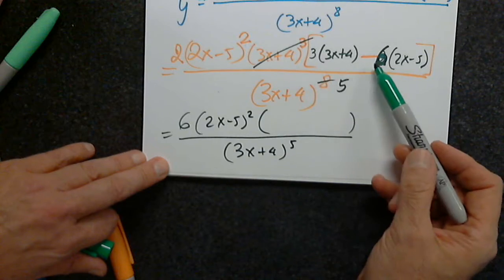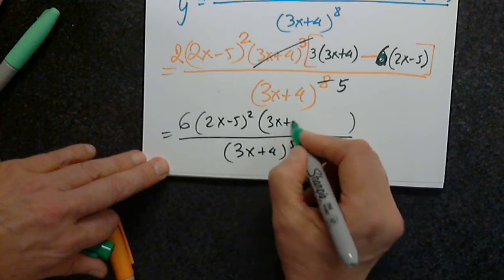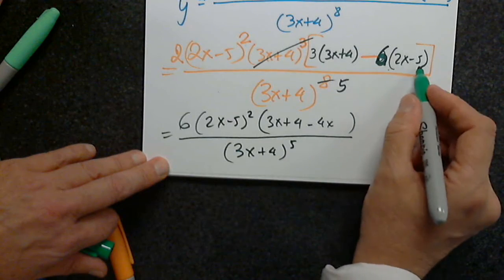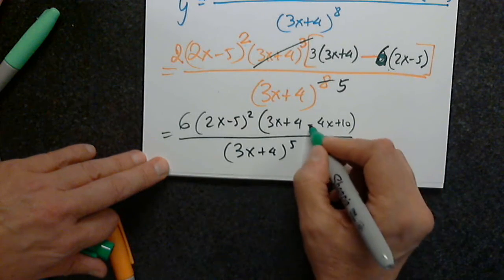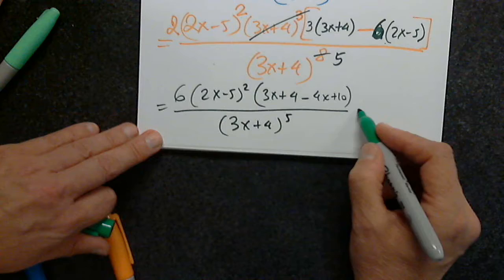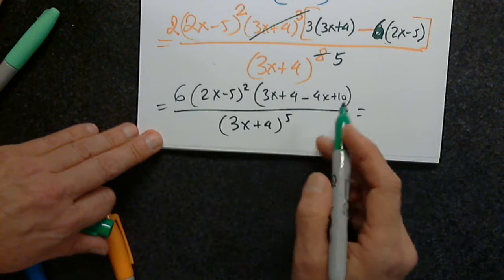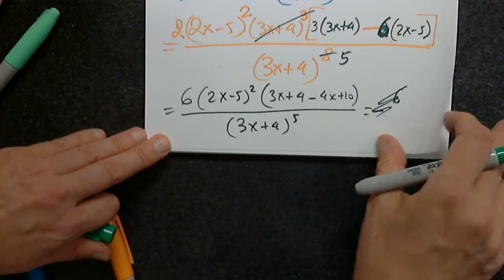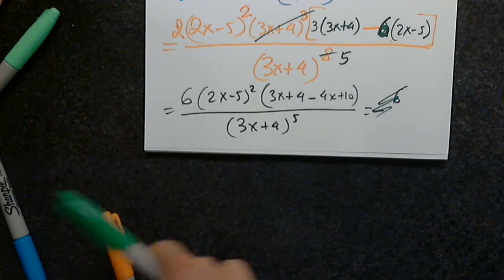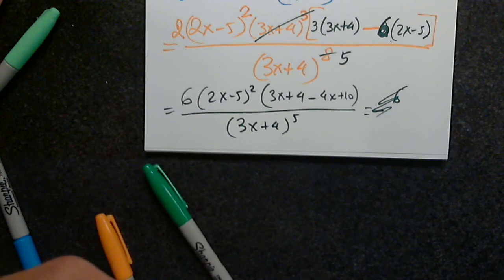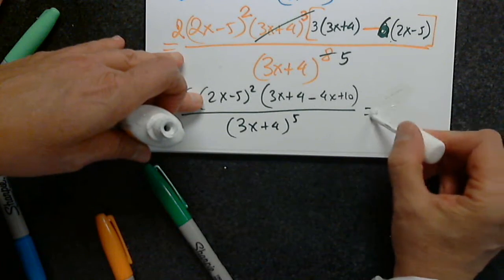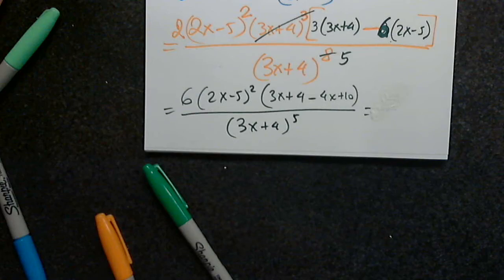Okay, so I have 3x plus 4 minus 2 times 2x and minus 2 times negative 5. So finally, this will be negative x plus 14, and I'll take it outside, of course. I want to use every square inch of this surface.